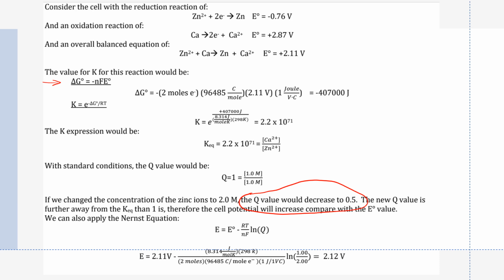The E0, your volts from the overall reaction, minus RT over nF times the natural log of 1 over 2. The 1.00 molar is still the standard for the calcium, but we changed the zinc to 2.00 molar. Notice how little the voltage changes: 2.12 volts.